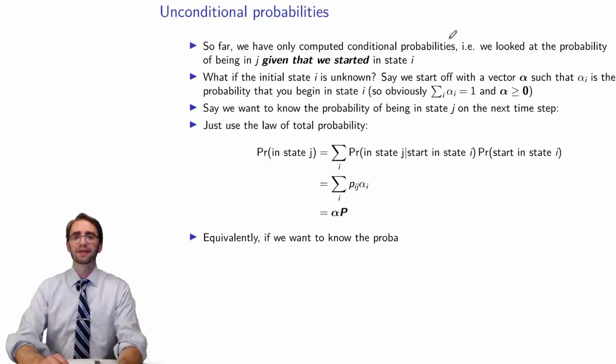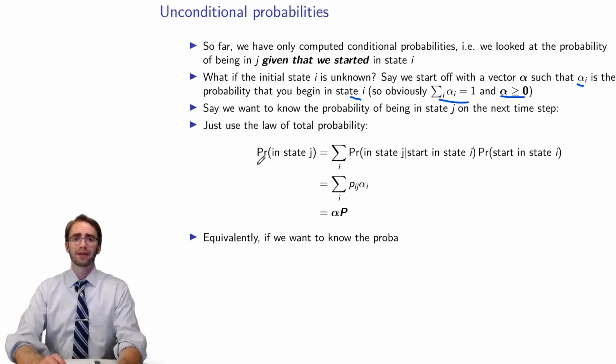So let's suppose that you start off with a vector alpha, where alpha_i is the probability that you begin in state i. So of course, alpha is non-negative, and it sums to 1. You could use the law of total probability here. You could say, okay, what's the probability that I'll be in state j on the next time step?